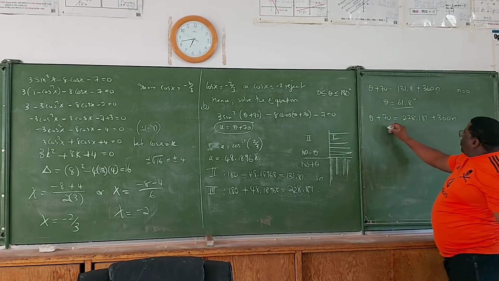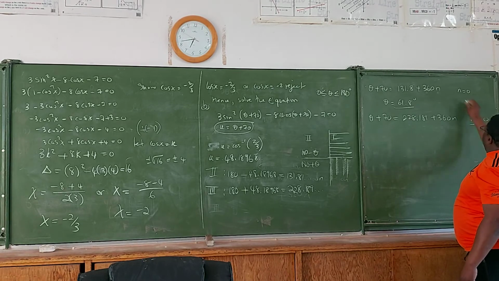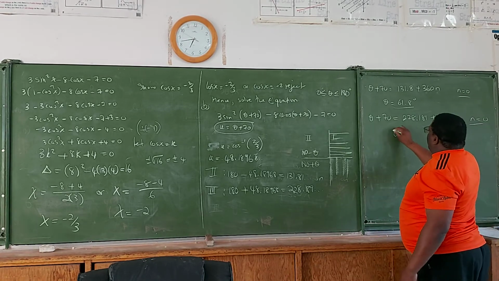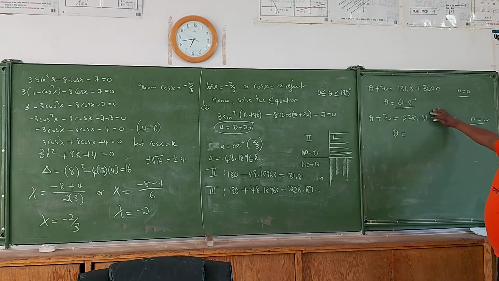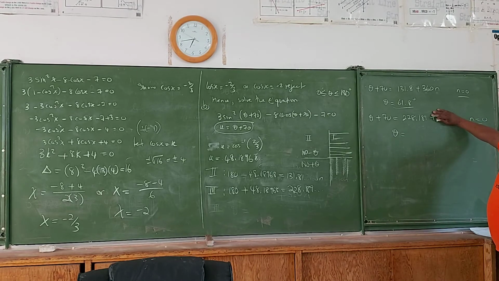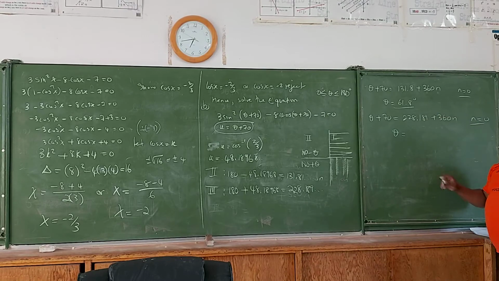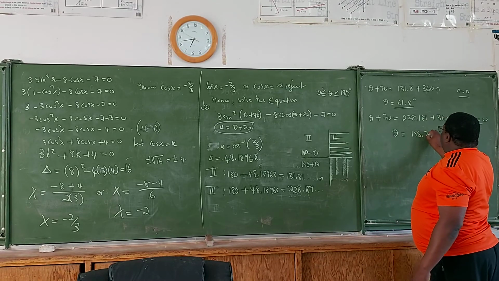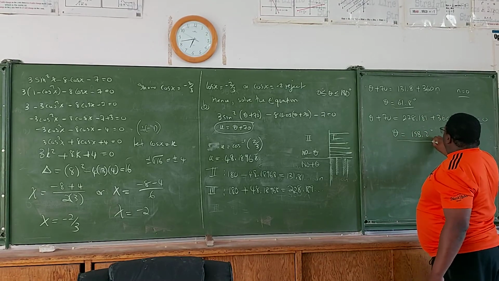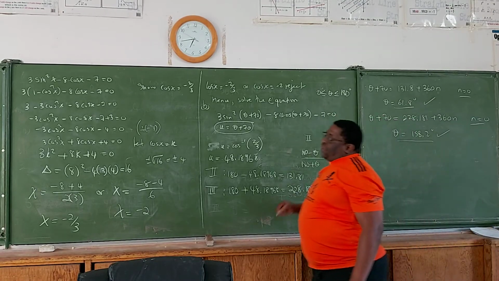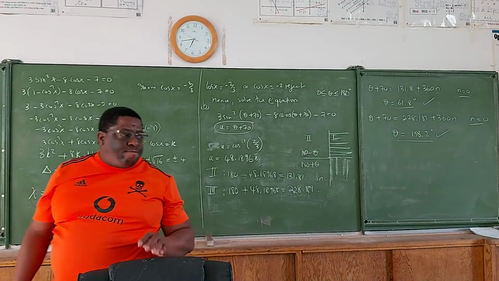Okay? Now let's also use here when n equals to 0, also in this condition. What do you get for theta? So you get that 228.18 blah blah blah. 158. Then you subtract 70 from it. 158.2, which is also within our range of our domain.